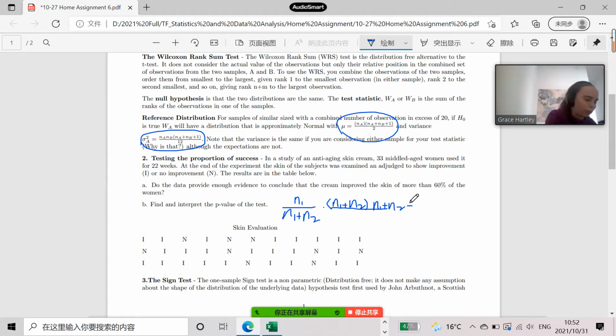So U equals NA times NB over 2, and then the variance is similar.